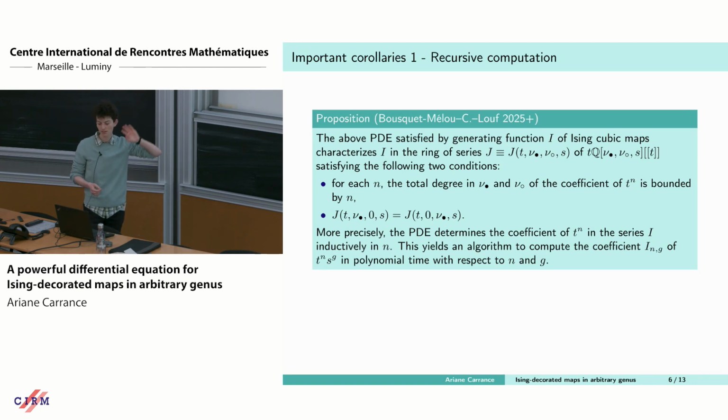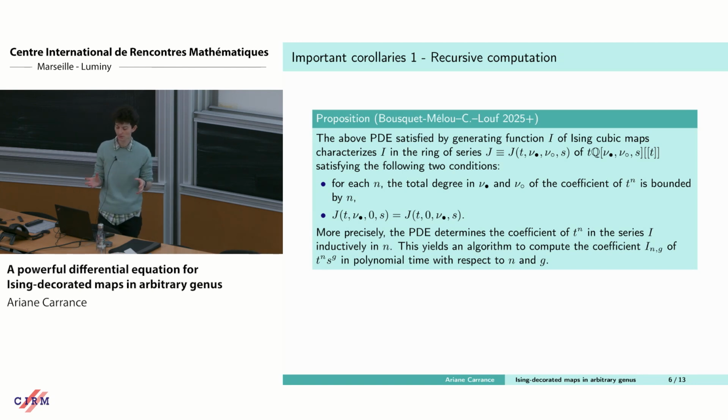So the first is that the combined degree in nu black and nu white should be smaller than the degree in T, which is clear because the number of black and white edges must be smaller than or equal to the total number of edges.